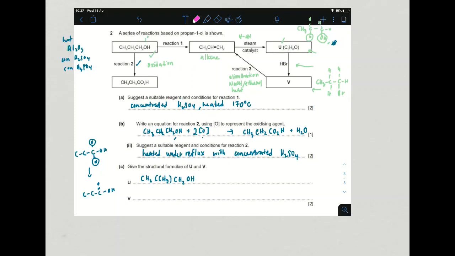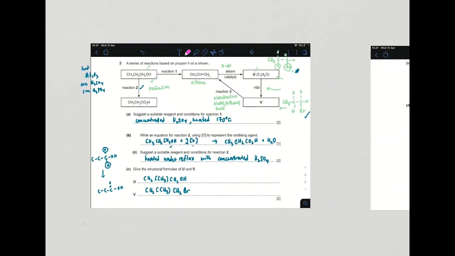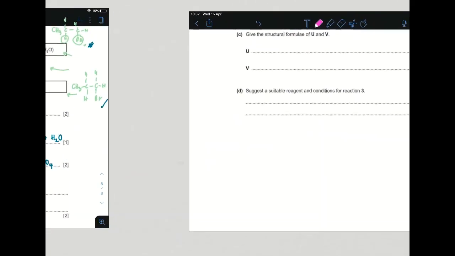Done. Now for V, we have this molecule. So again, CH3CH2CH2CH2Br. That's going to be the structural formula.